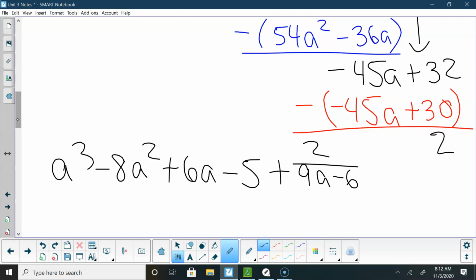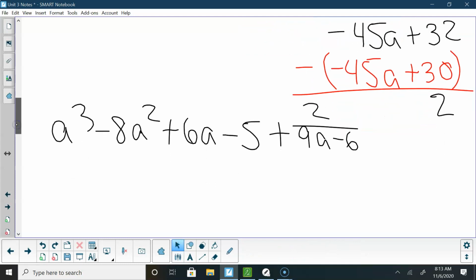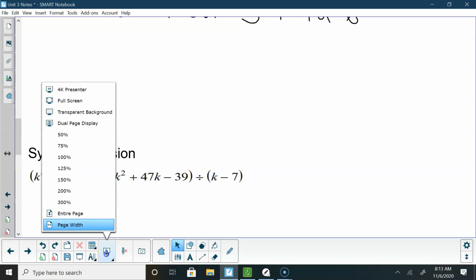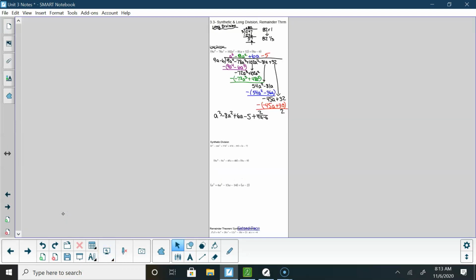How'd it go? Not as bad as we were expecting? Want one more? Okay. Now I gotta find it, because I moved it. Entire page, where'd you go?